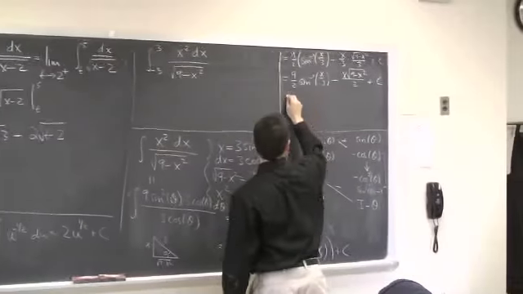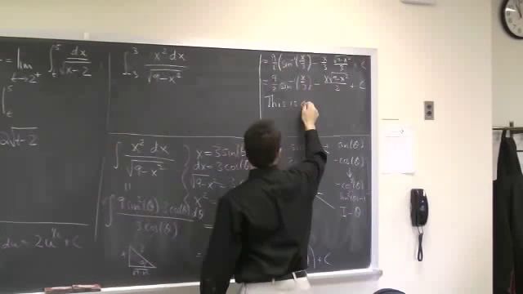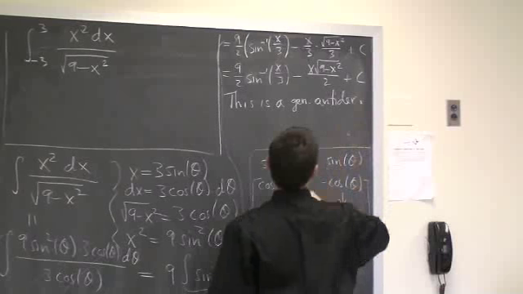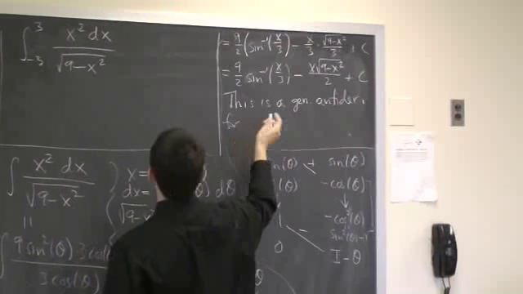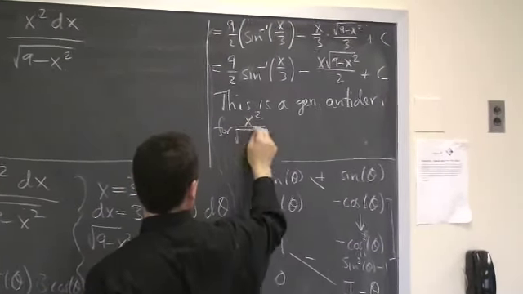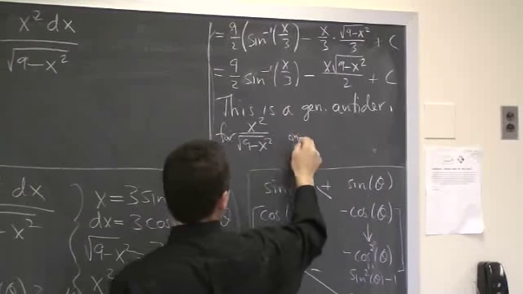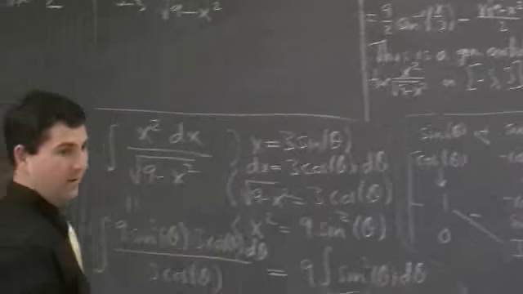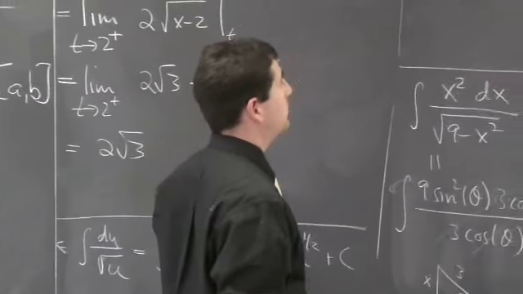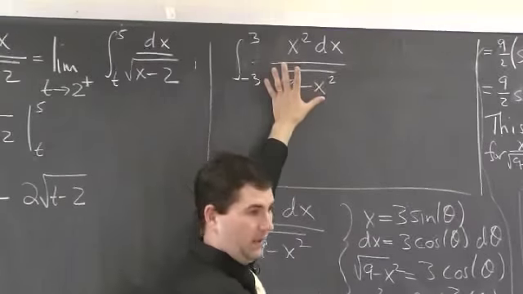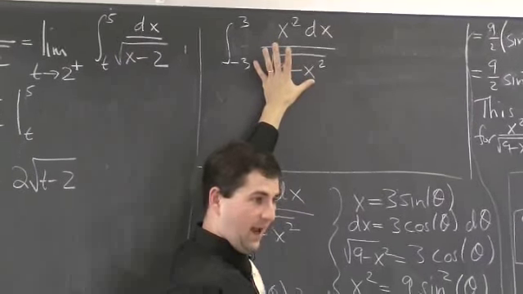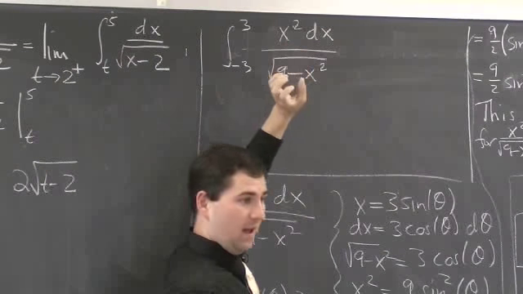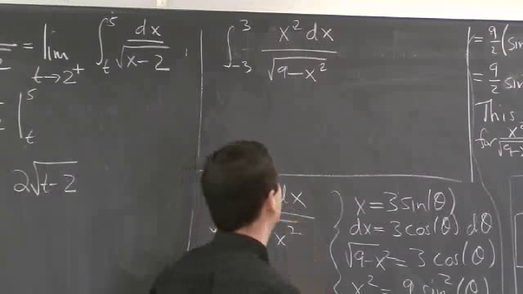So this is a generalized antiderivative for x squared over the square root of 9 minus x squared on minus 3, 3. Which means that I don't have to evaluate this with limits at all. I can actually just write down the generalized antiderivative evaluated at the 2 endpoints.